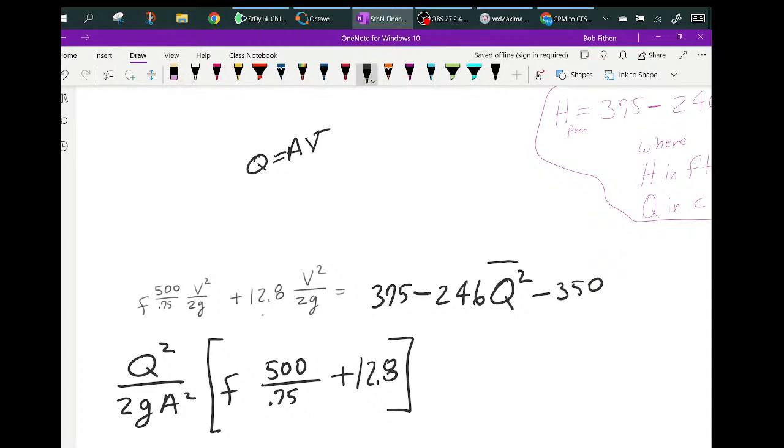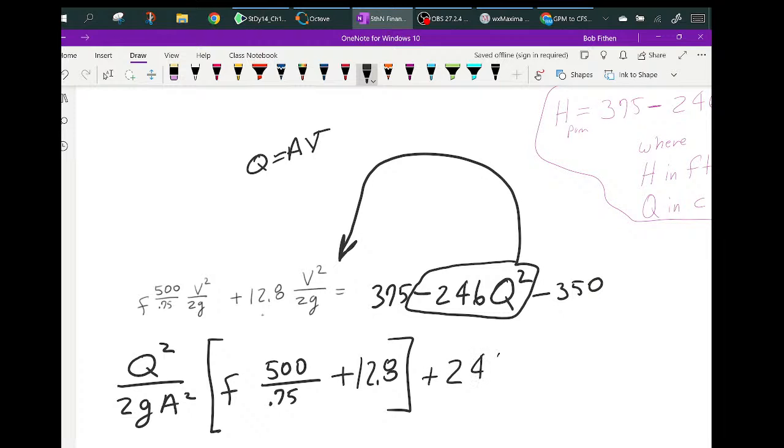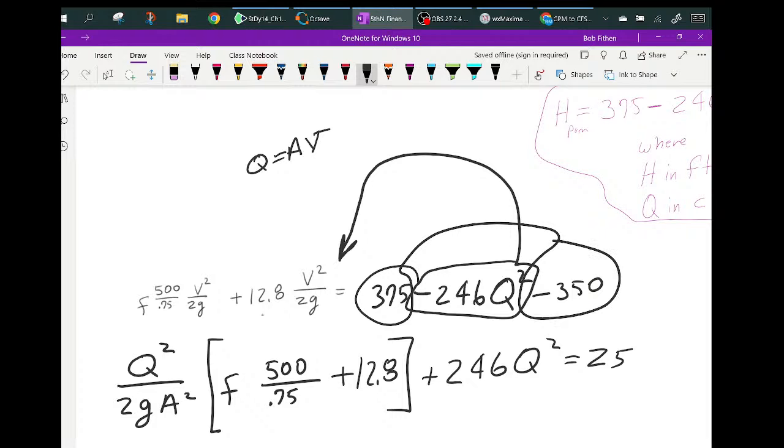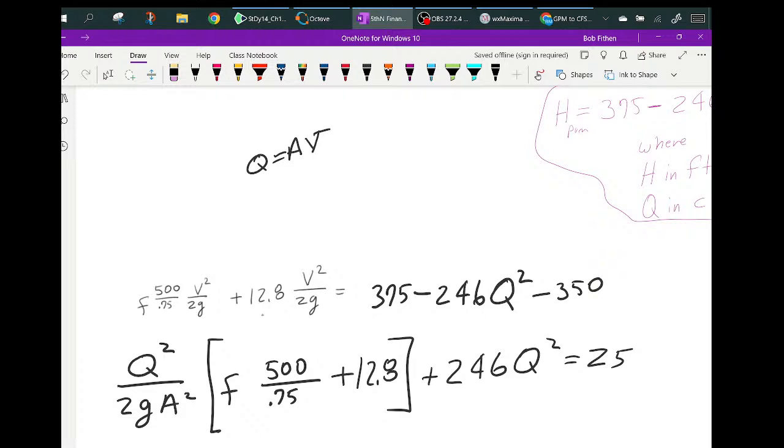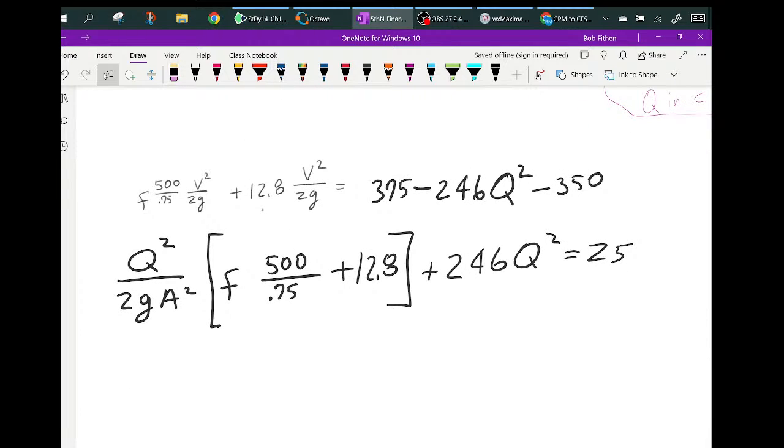And guess what I can do here? I can take this, move it onto that side of the equation. Plus 246 q squared. And I can basically leave the 25 over here. 25 would be this, minus that, give you 25. Now I can go down one more step and take the q squared completely out of everything.